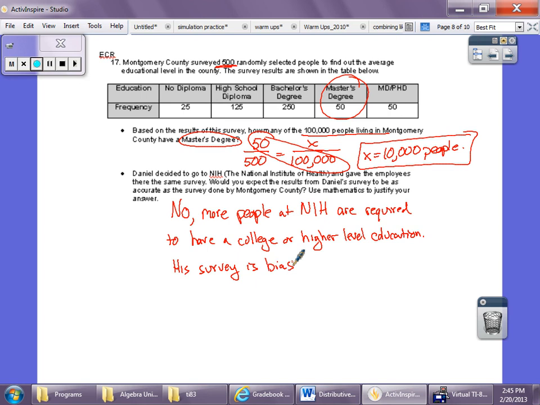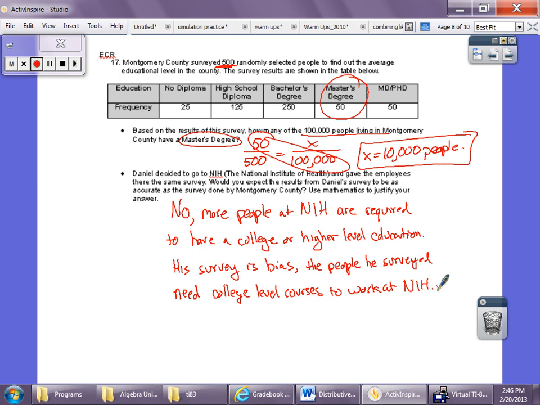You're not going to get accurate results with Daniel's survey. His survey is biased. These people have college level courses. The people he surveyed need college level courses to work at NIH.